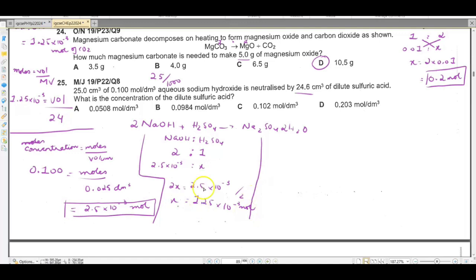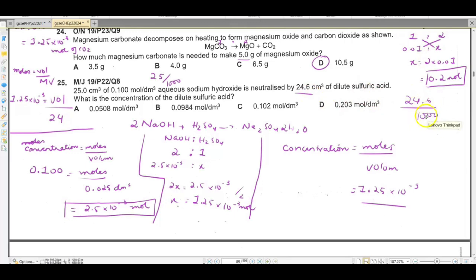Now once we have the moles of H2SO4, there is no issue in finding its concentration. Okay, we will use our formula, concentration is equal to moles by volume. We have the moles as 1.25 into 10 raised to the power minus 3, and we have the volume as 24.6 centimeter cubes, and we have to change it into decimeters cube by dividing it by 1000.